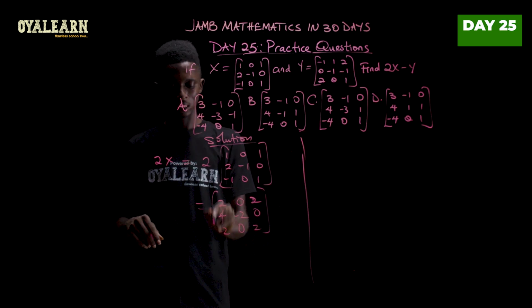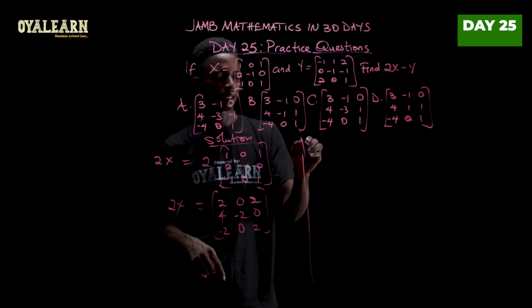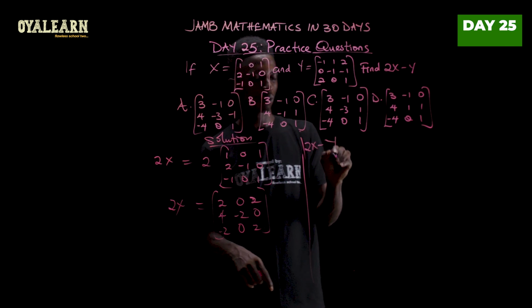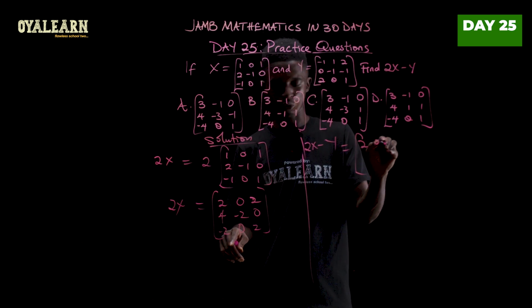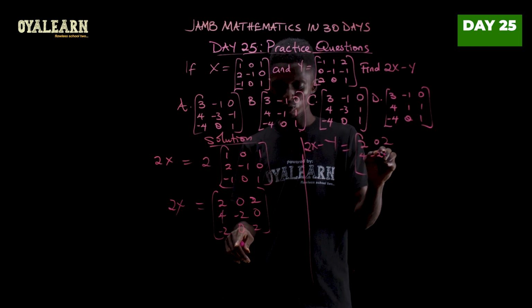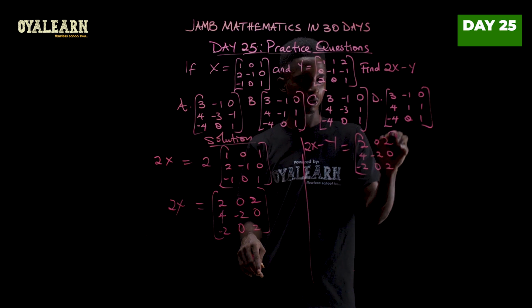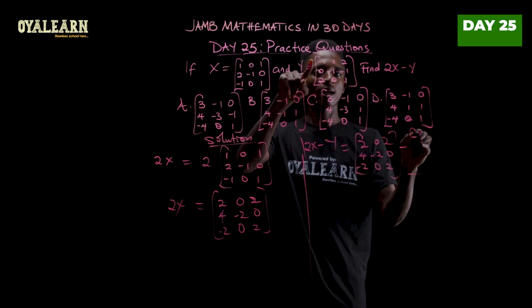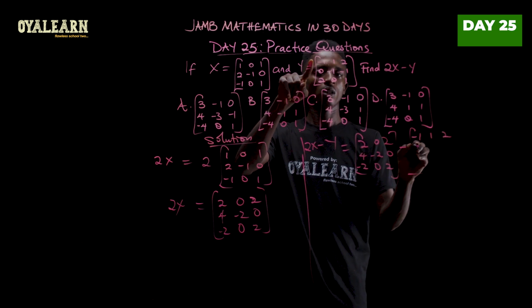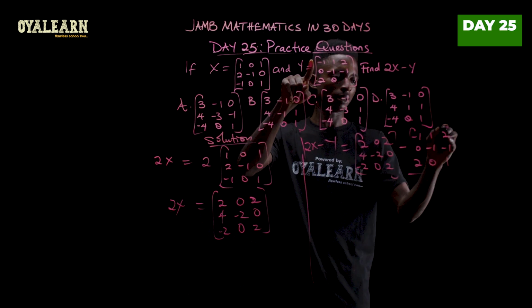So this is 2X. Now let's evaluate 2X minus Y. That is, we have 2, 0, 2, 4, minus 2, 0, minus 2, 0, 2, minus Y, which is minus 1, 1, 2, 0, minus 1, minus 1, 2, 0, 1.